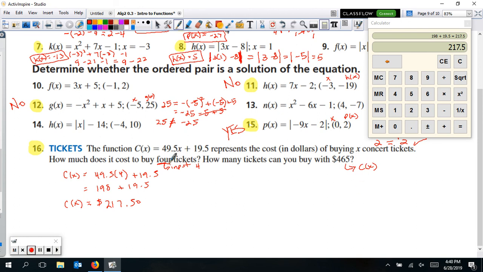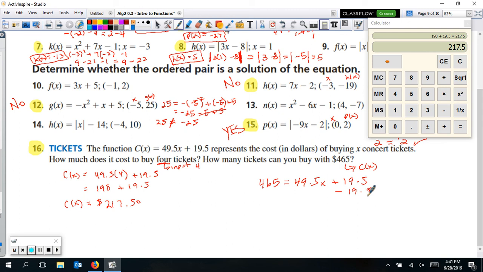So we have 465 is equal to 49.5x plus 19.5. And we're just going to solve this equation like we did a couple of lessons ago. First, to get this by itself, I see addition, so I'm going to subtract 19.5 from both sides.